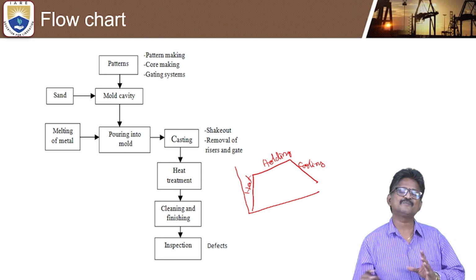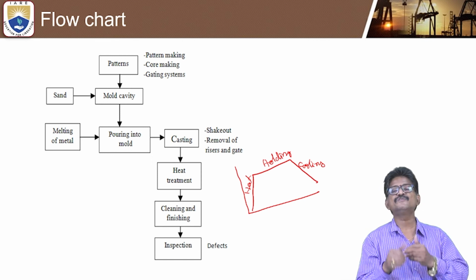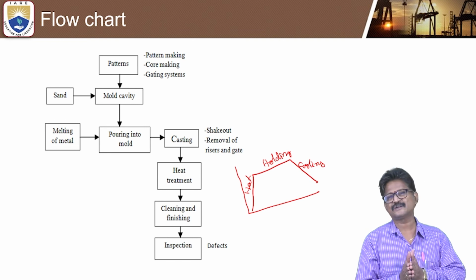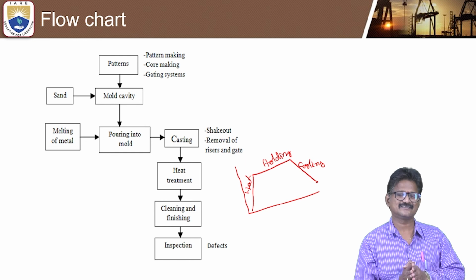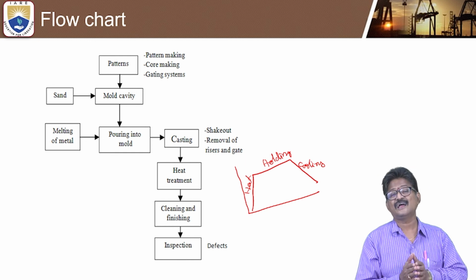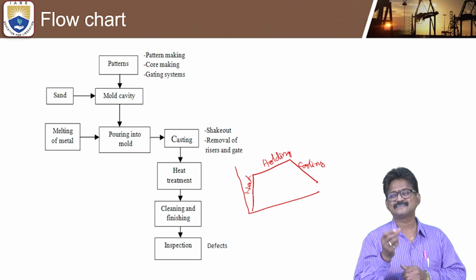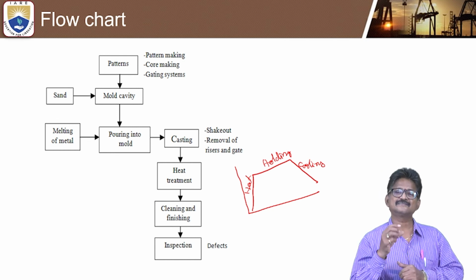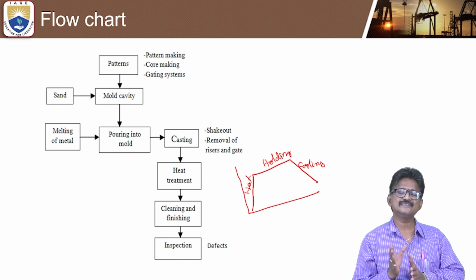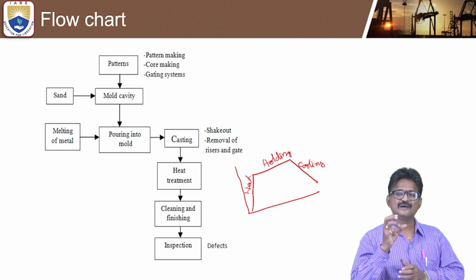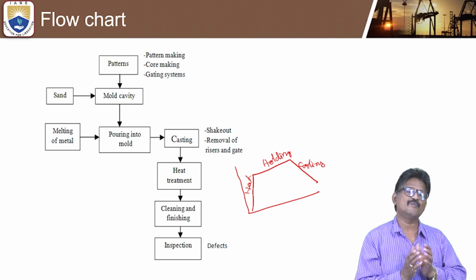The main purpose of heat treatment is removing internal stresses and improving the mechanical, electrical, and magnetic properties. The general heat treatment processes are the annealing process and the normalizing process, and in annealing there are again full annealing and stress relief annealing. So there are types of annealing, and normalizing. These are the important heat treatment processes to have good strength of the component.